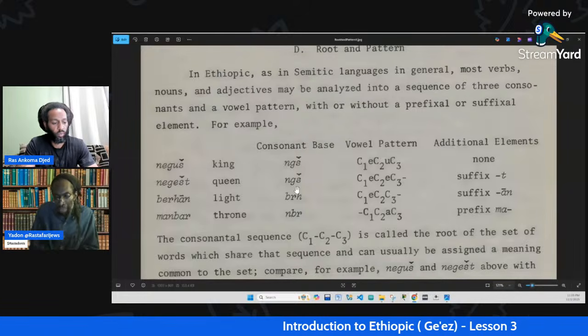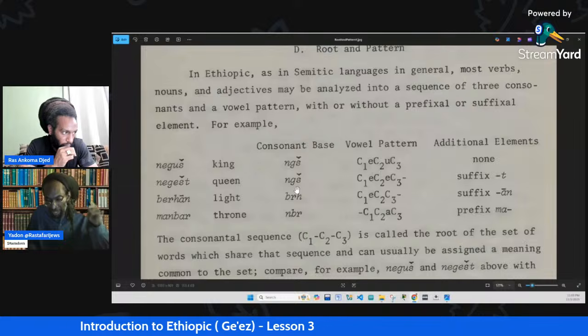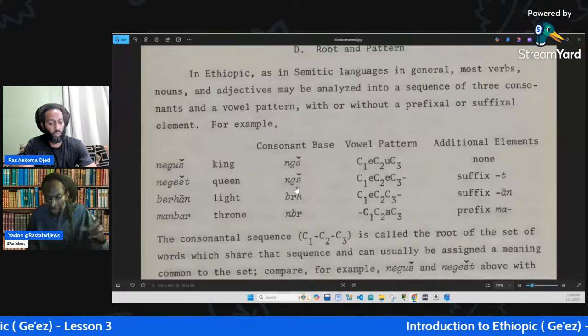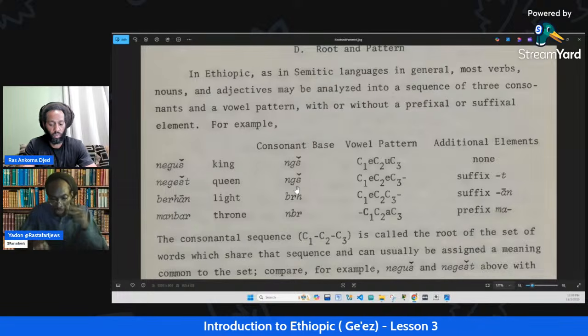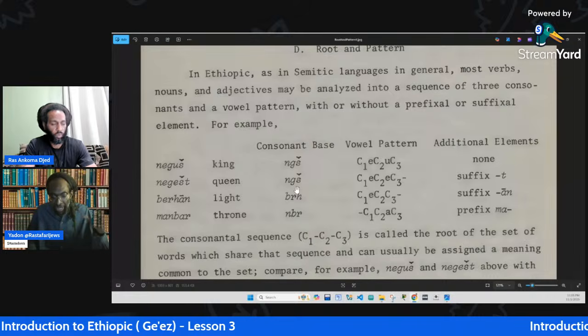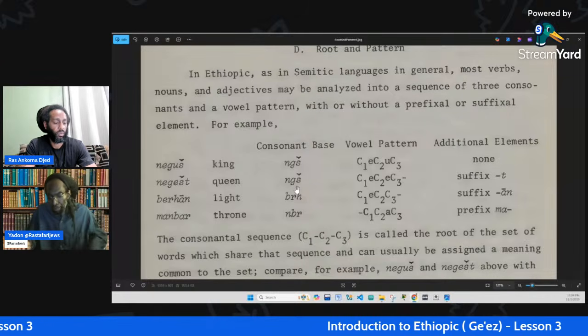Looking at the vowel pattern, we see the C1, the N, and the E there is the I. We see the C2, it's also the E in the vowel pattern, and is for the I. So it's N, G, right?